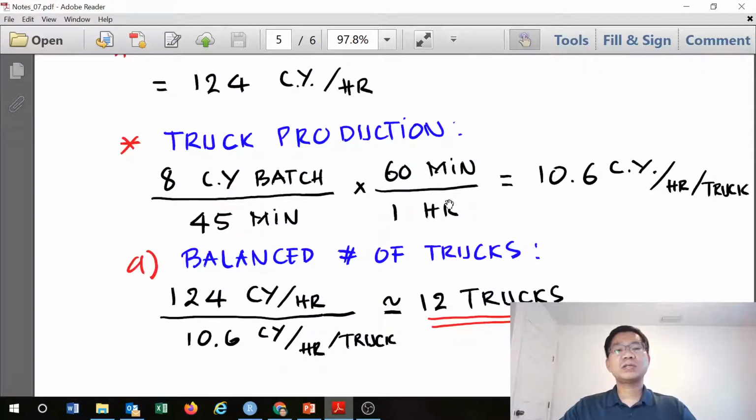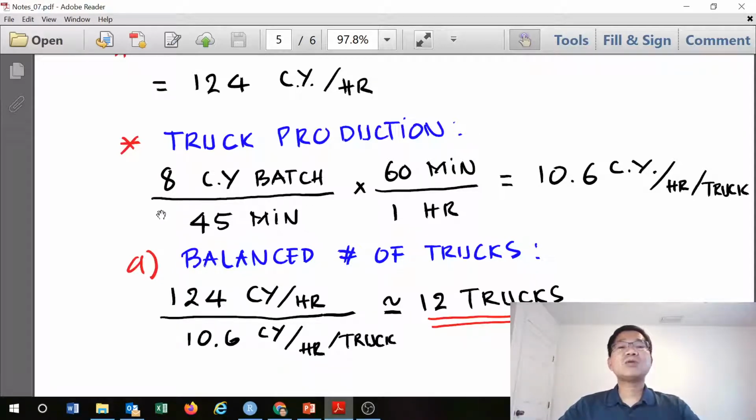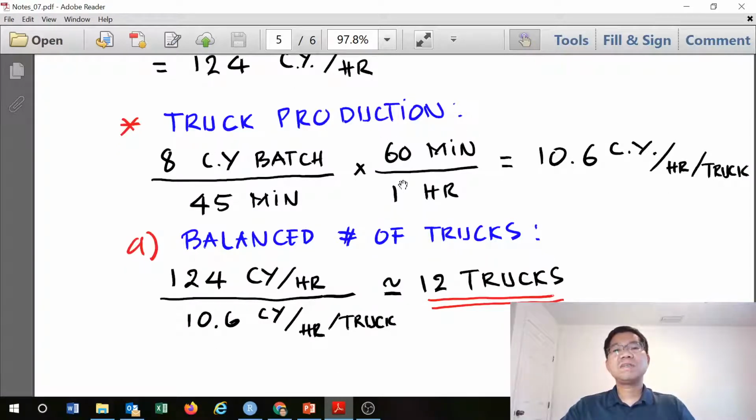For the truck production, one batch from the plant produces 8 cubic yards, so those 8 cubic yards will be loaded on one truck, and the cycle time for the truck given in the problem is 45 minutes, so you will see how many cubic yards per minute the truck can produce. And then because we measure per hour, we do the unit conversion, 60 minutes per 1 hour. What does that mean? For one truck, the production of the truck is 10.6 cubic yards per hour per truck.